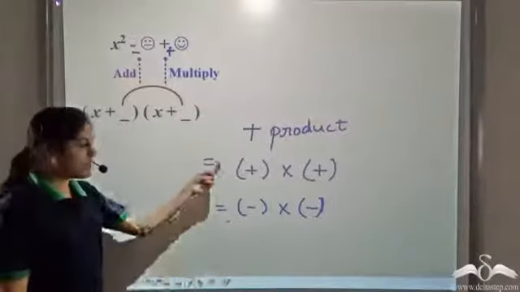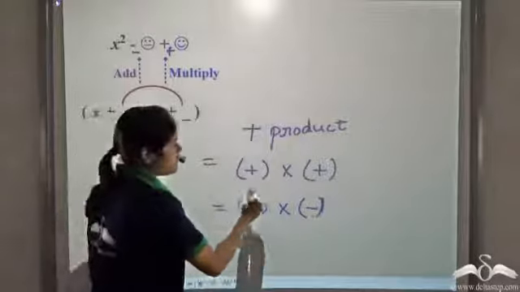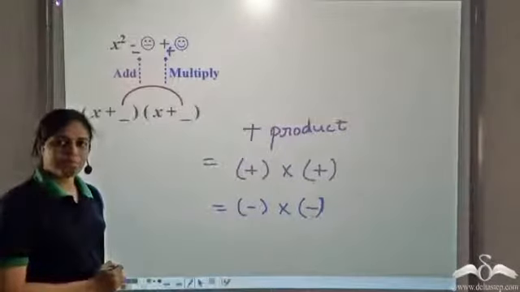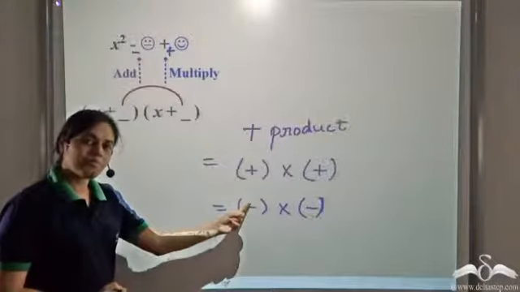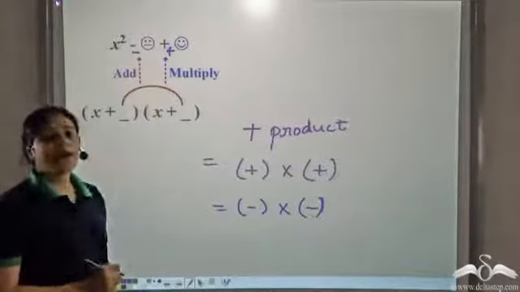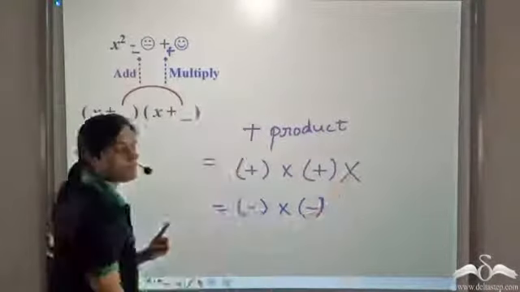So these are the two cases where we can get a positive product. What if you add two positive numbers? When you add two positive numbers, you get a positive number. But here we require a negative number. So we cannot use this.